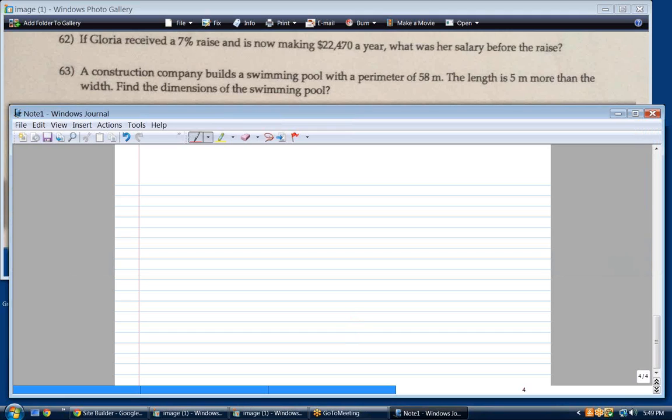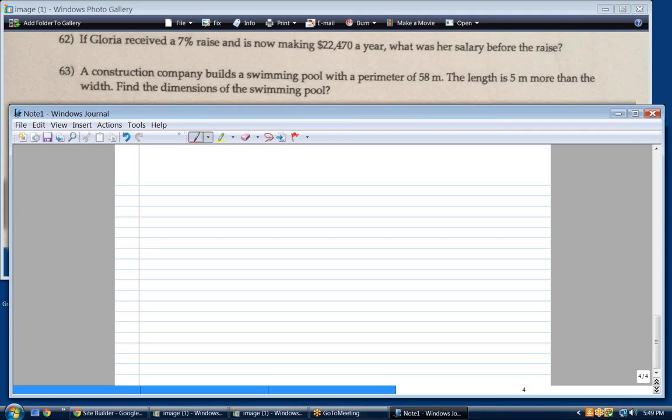Okay, if Gloria received a 7% raise and is now making that amount, what was her salary before the raise? What's the first step of a word problem? Always, no matter what, find the information that you need.